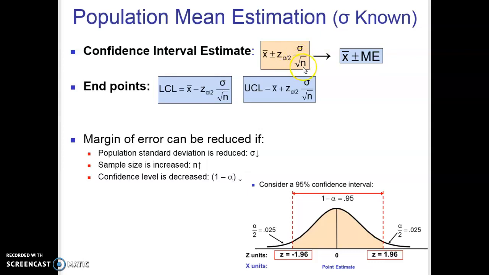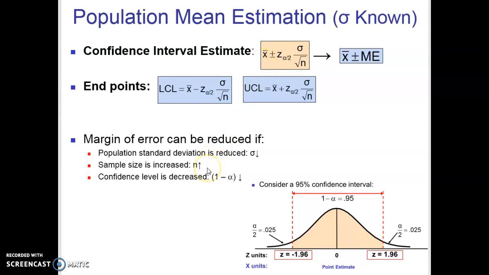So if the denominator goes up, then the standard error goes down, and that lowers our margin of error. Okay? Makes sense there. Bigger sample size, less margin of error, more likely to get an estimate that is closer to the true population mean, a sample mean that is closer to the true population mean.